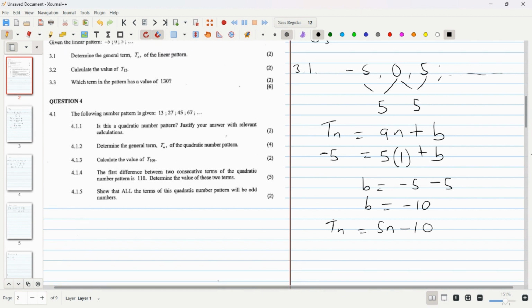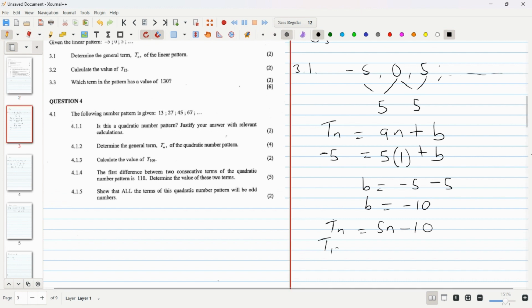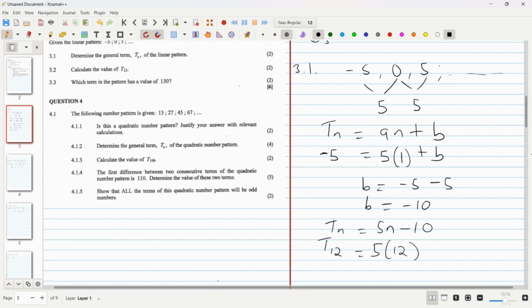Okay, so 3.2, they asked us to calculate term 12. So for term 12, we just use this general formula. T12, right? In our 12th position, what will be the value of T12? In the place of n, we put 12. So 5 times 12, then minus 10.